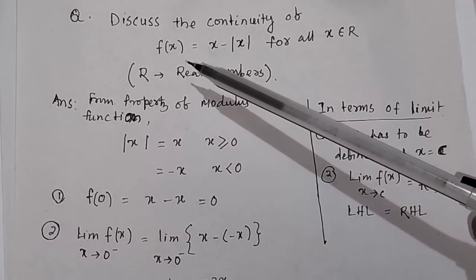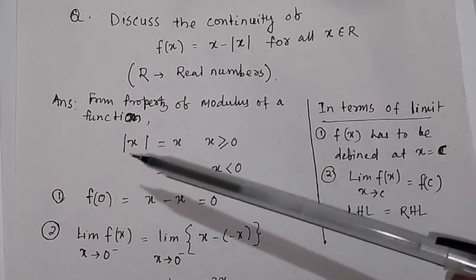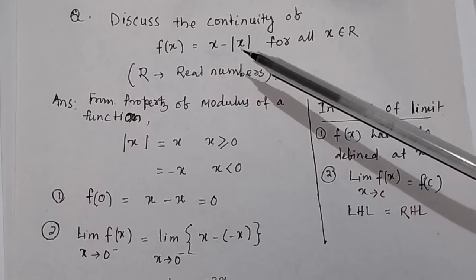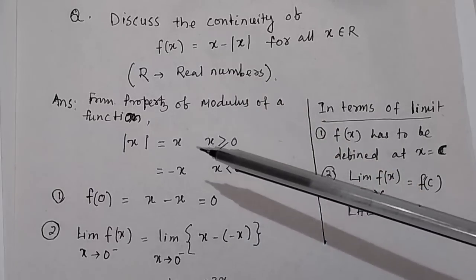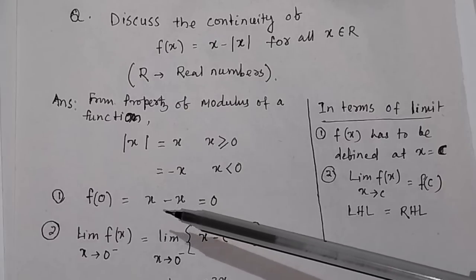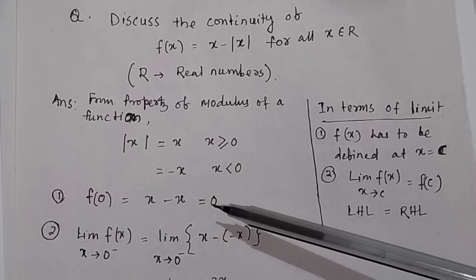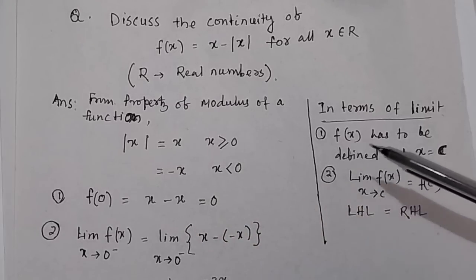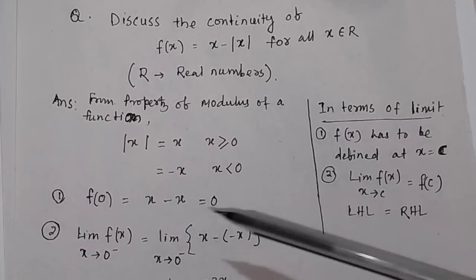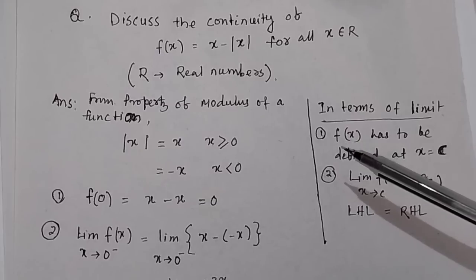So the function at x equal to 0 is f(0), that is equal to x minus modulus of x, which will be equal to x minus x, because x is equal to 0. That will be equal to 0. So f(x) has been defined at x equal to 0. So the first condition is satisfied.